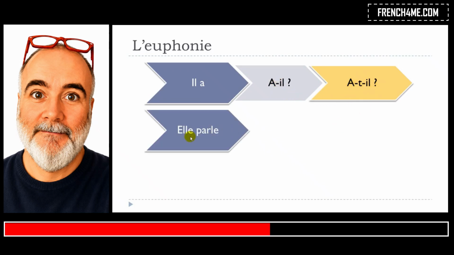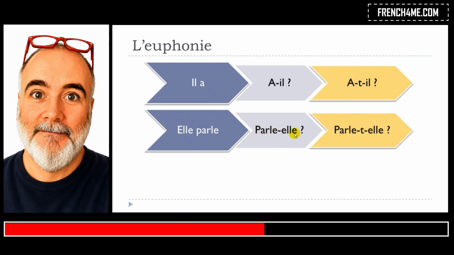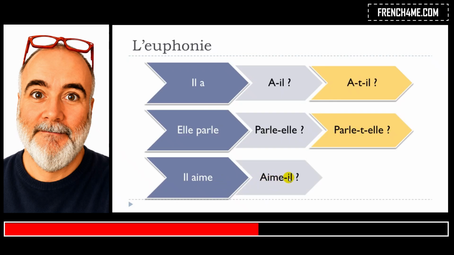Alright, in the same way, elle parle, so subject, verb, we should put that like that, verb, subject, parle, elle. For the same reason, we will put this T between the two. Parle-t-elle? Il aime, aime-il will become aime-t-il.